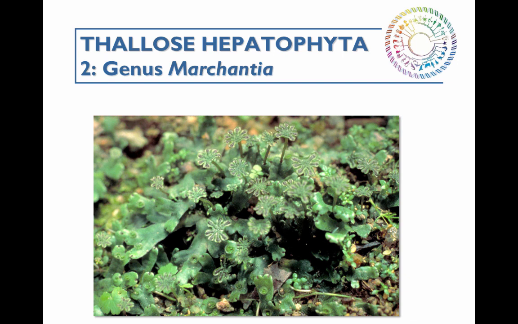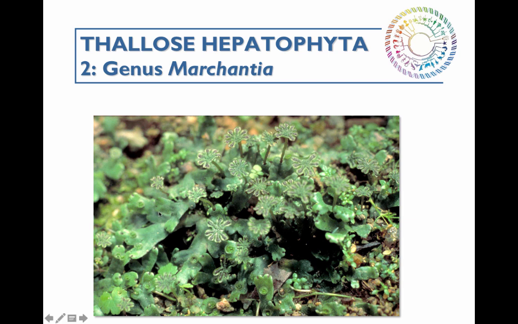Now the second example of a thallose hepatophyta that I want to talk about is a much more complicated plant. It's a plant called Marchantia, and if the labs go ahead, you'll be able to see Marchantia in the flesh. We can tell it's a much more complicated plant just by looking at this photograph.